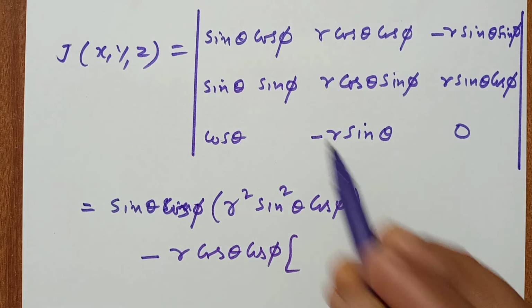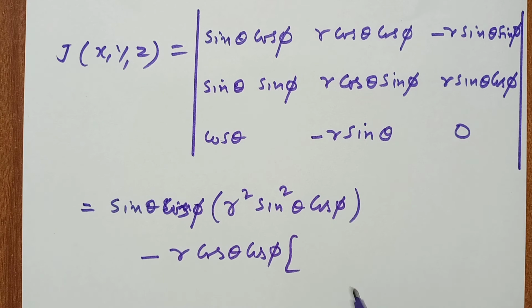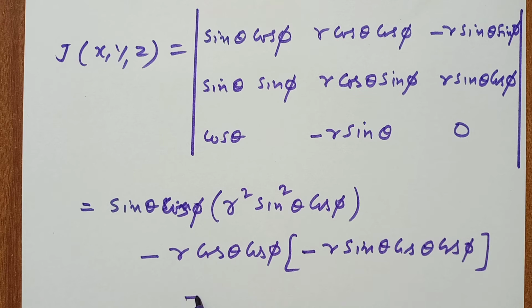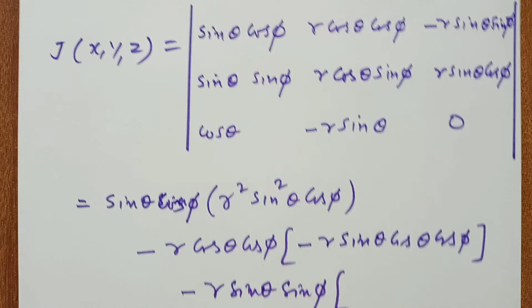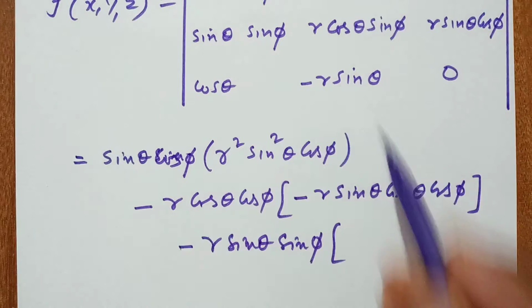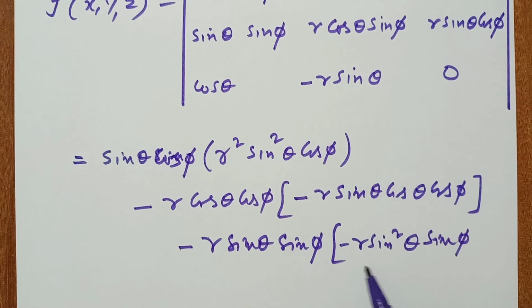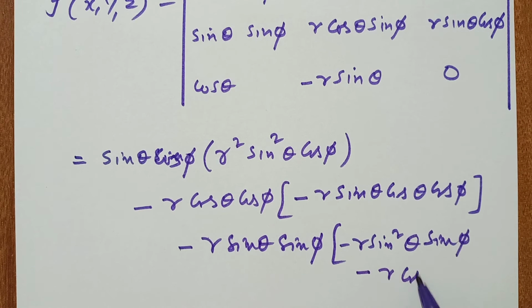Now this should be 0, minus r sine theta cos phi and minus r sine theta sine phi, and this would be multiplied by minus r sine square theta sine phi, minus r cos square theta sine phi.